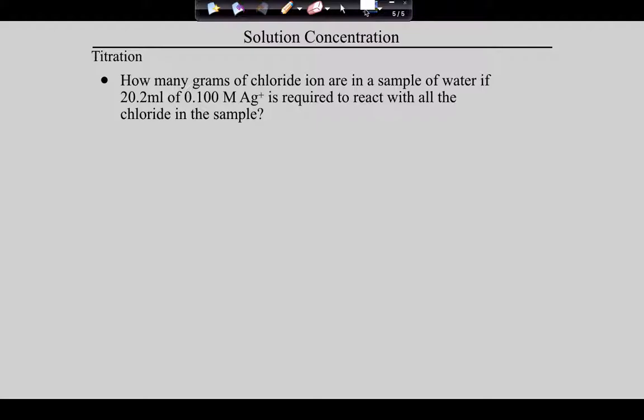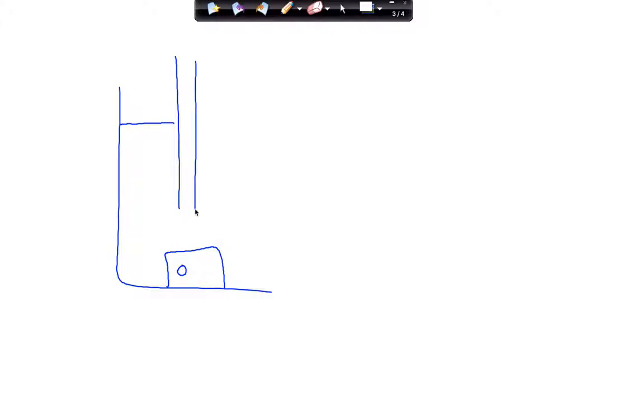Okay. So guys, when you're doing drawings like this, don't get terribly carried away with trying to be artistic. Guys, really, schematic drawings are just fine. So typically when you're doing stuff like this, you're going to have a ring stand. It's not wrong to draw yourself a magnetic stirrer. Then, on your ring stand, you are going to have a burette. On your stirrer, you're going to have a beaker.